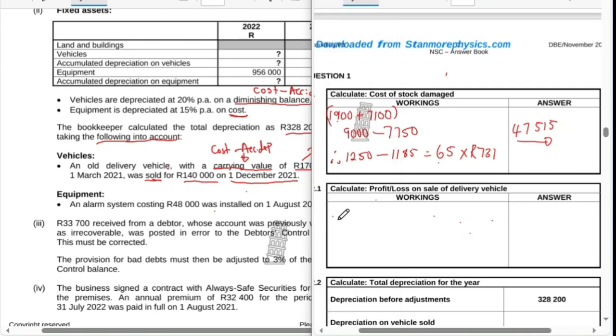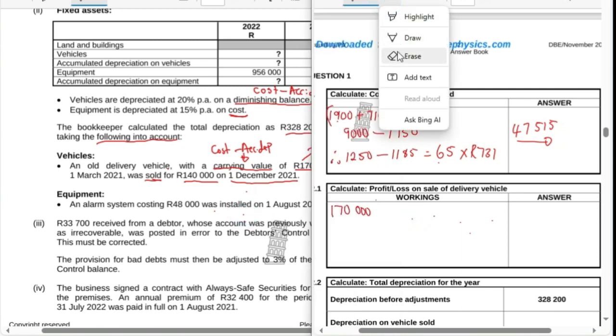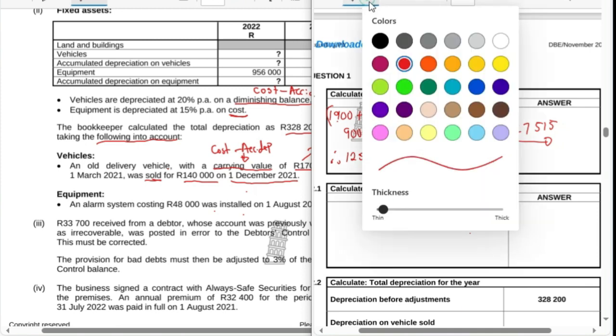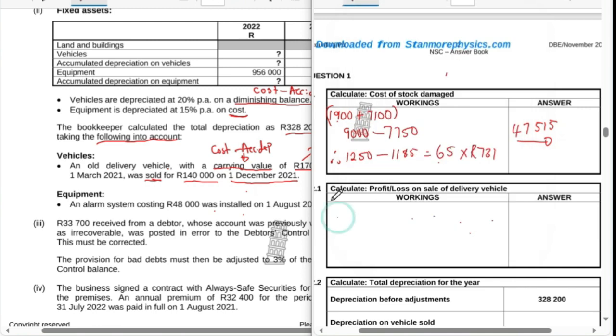Meaning whenever we want to sell this vehicle, we must sell it at what price? 170,000, because this is our carrying value.